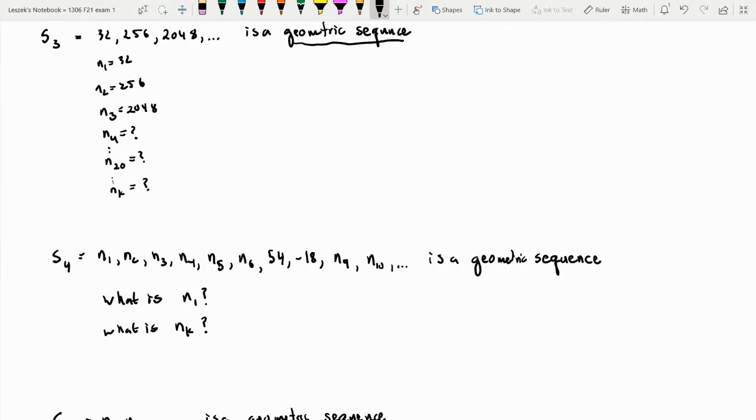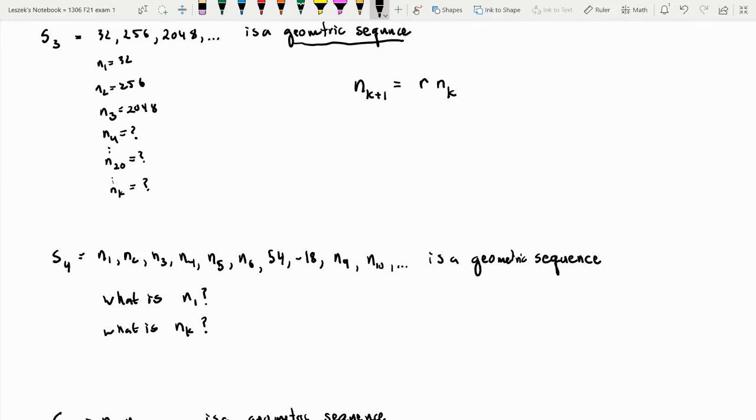In general, the (k+1)th term in the geometric sequence is simply a multiple, we'll call that r for common ratio, times the preceding term. So while an arithmetic sequence is generated by addition of a constant, a geometric sequence is generated by multiplication by a constant.